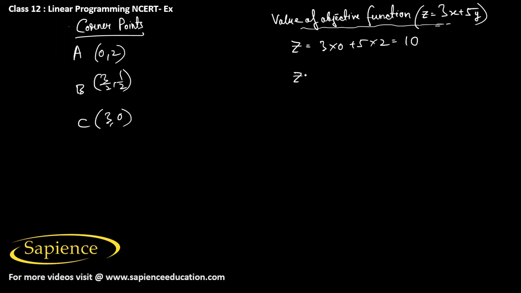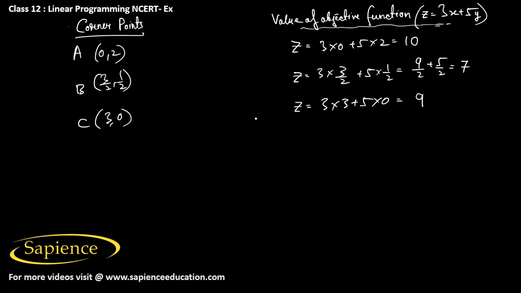At point B, it is 3 into 3/2 plus 5 into 1/2, so that is 9/2 plus 5/2, that is 14/2, that is 7. And for point C, z will be equal to 3 into 3 plus 5 into 0, so that is 9.